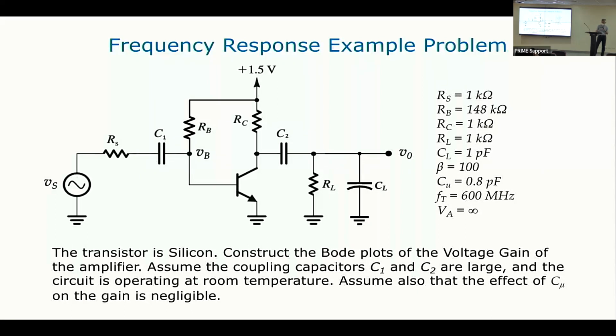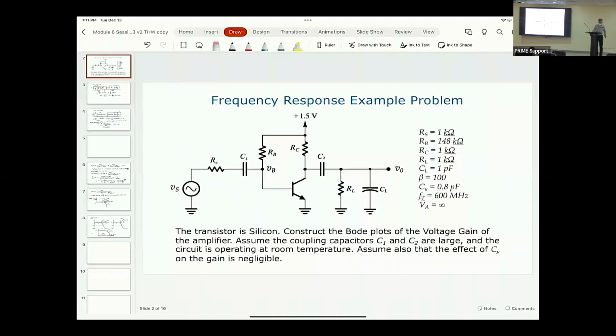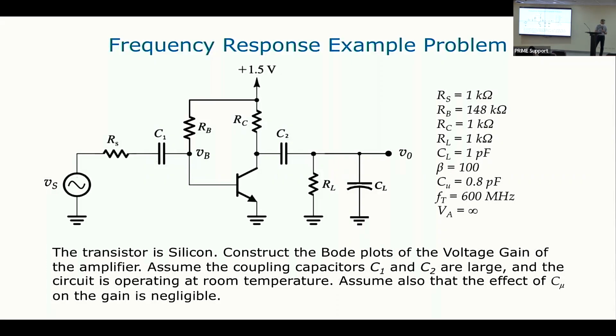And then you can compute for IBQ. So this is IBQ. That's just equal to VCC minus VBE all over RB.